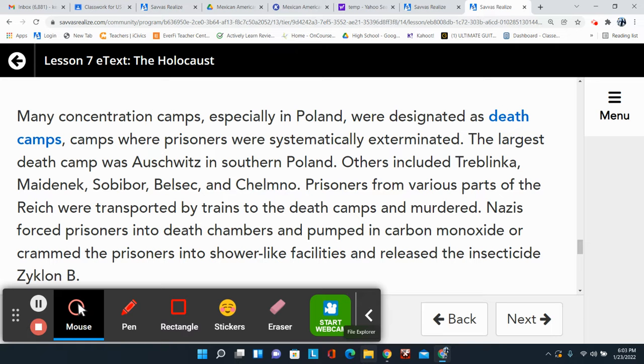Prisoners from various parts of the Reich were transported by trains to the death camps and murdered. Nazis forced prisoners into death chambers and pumped in carbon monoxide, or crammed the prisoners into shower-like facilities and released the insecticide Zyklon B.